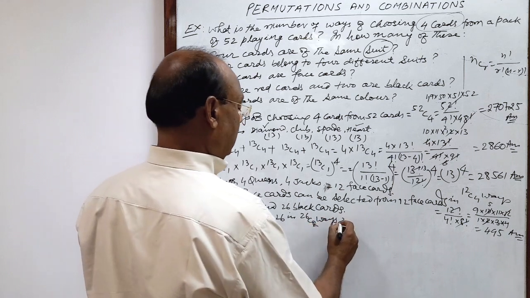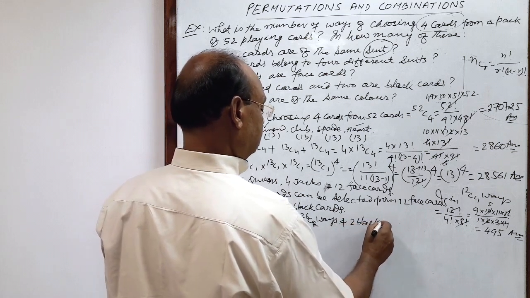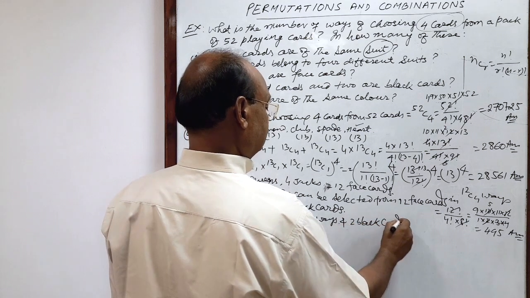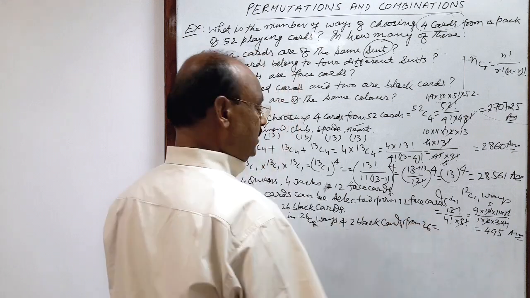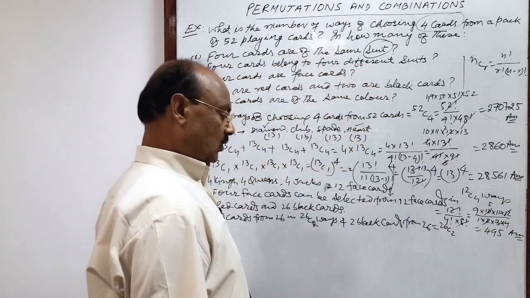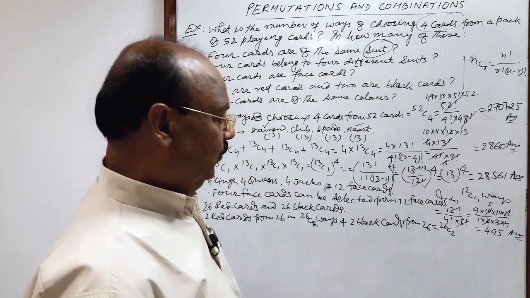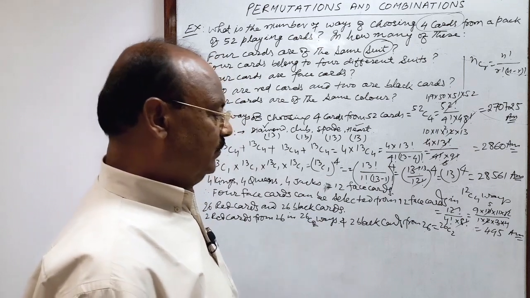Similarly, 2 black cards from 26 in how many ways? 26 C2 ways. Correct? Now we have to simplify it.